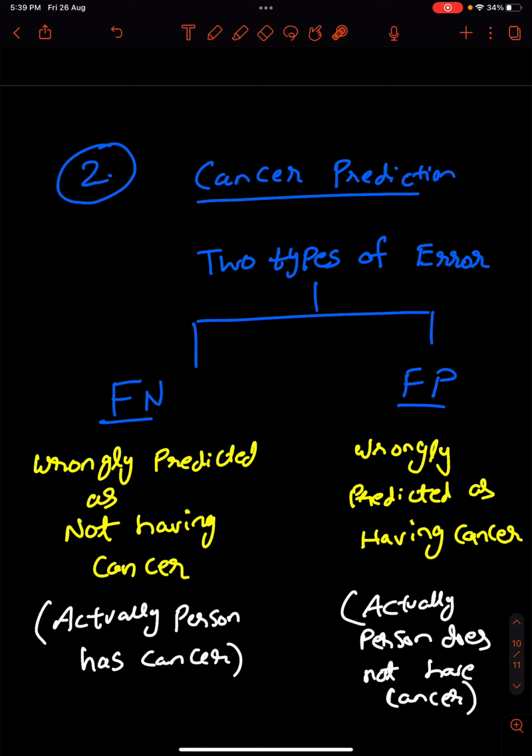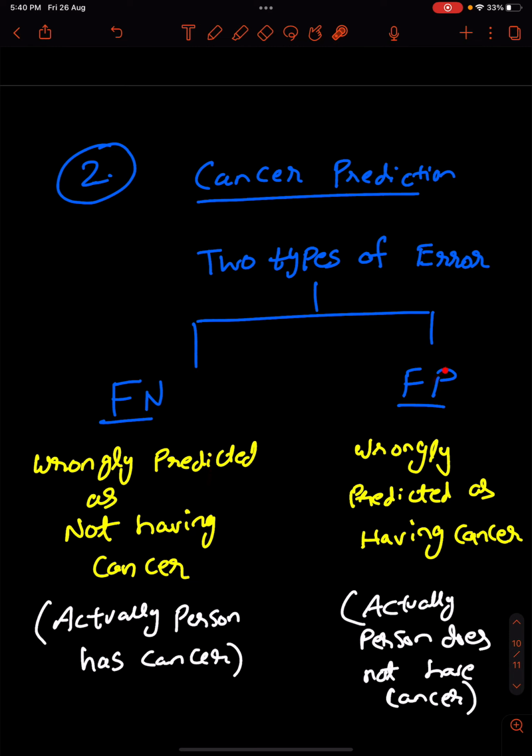Because what could happen is, let's say the model is predicting the person doesn't have cancer, and maybe I send the person home. After 2 or 3 months, unfortunate things may happen. So I don't want that to happen. As a matter of lives, that should not happen, isn't it? So obviously, what do you think is more critical over here? This one. This one is more critical here.